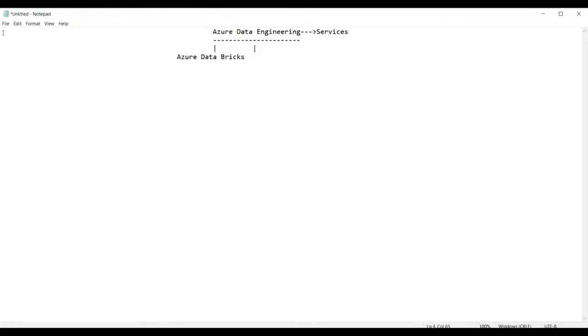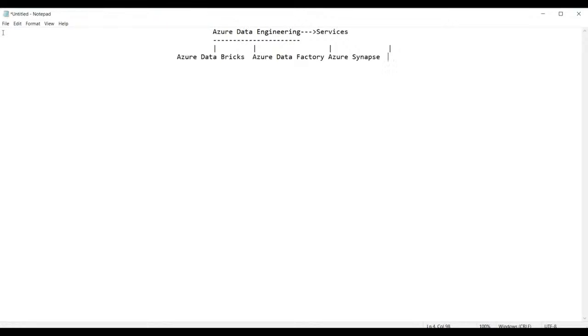Then we have Azure Data Factory. Apart from this, we have the next service called Azure Synapse. Many services are there, but I'm listing a few of them.